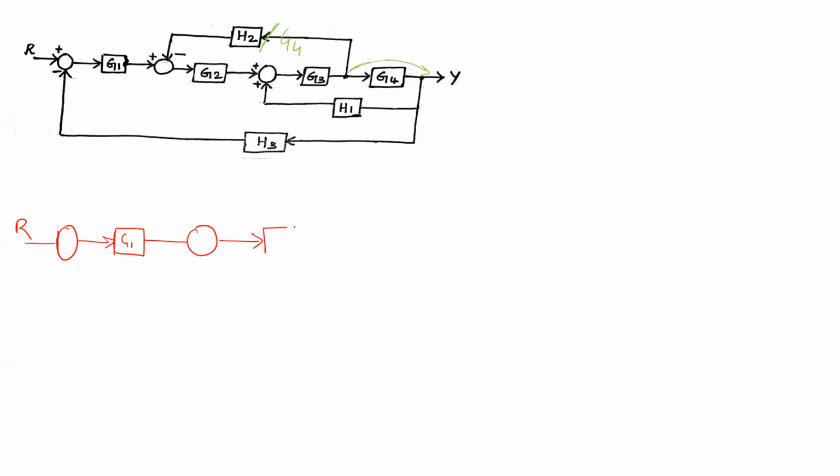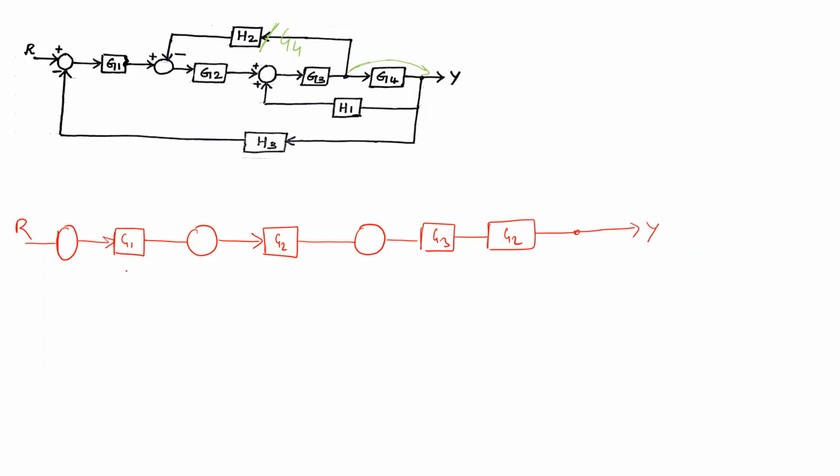Then we have a block with gain G2. We will divide into two parts as of now. We have this block with G3 and this block with G4, because these two are in cascade now. And now we have this output Y.